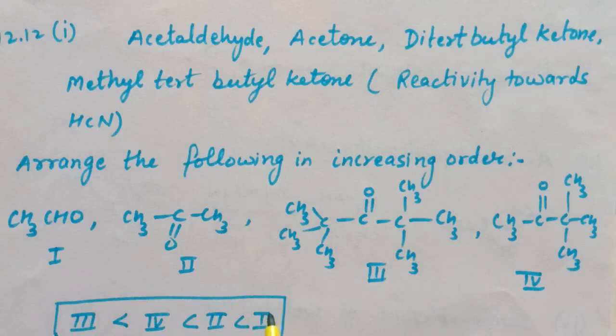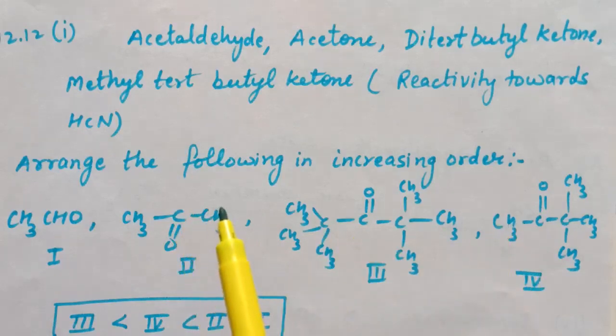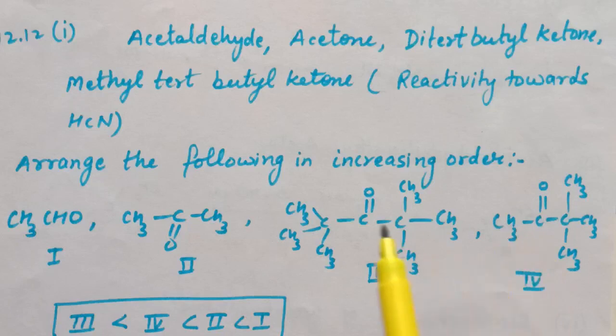In nucleophilic addition reaction of aldehydes and ketones, aldehydes are the most reactive, and among ketones, less sterically hindered ketones are more reactive. Acetone is least hindered among these three ketones, therefore the reactivity of acetone is much more than these two compounds.